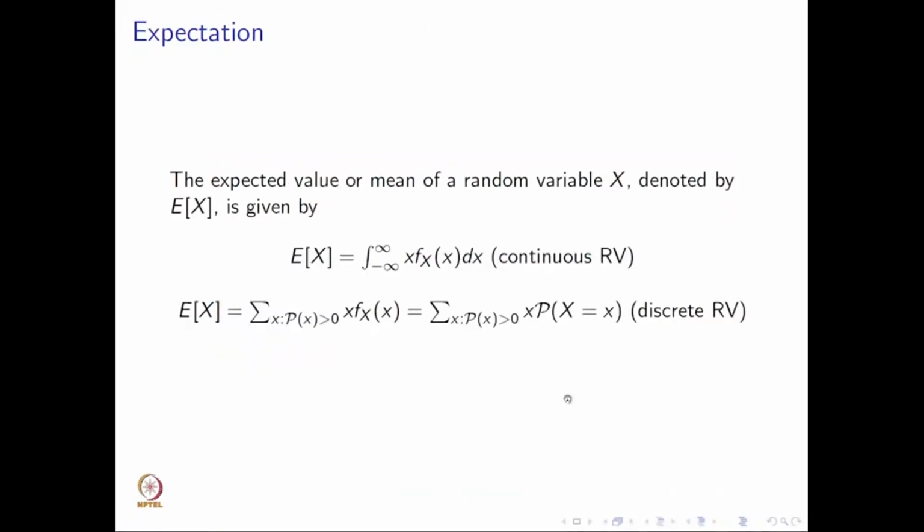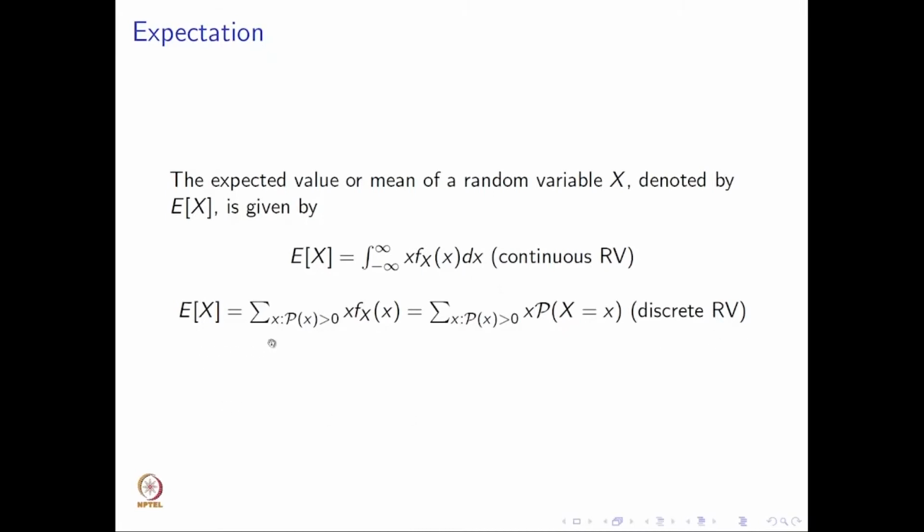Let us now look at expectations of random variables. The expected value or mean of a random variable X, denoted by expectation of X, is given by the integral from minus infinity to infinity of x into fX(x) dx. Note that fX(x) here is the probability density function associated with random variable X. This definition holds when X is a continuous random variable. In case X is a discrete random variable, we use the following definition.